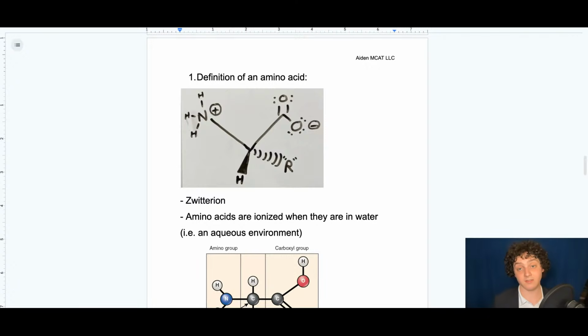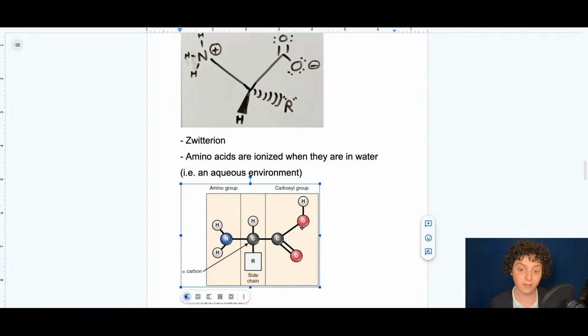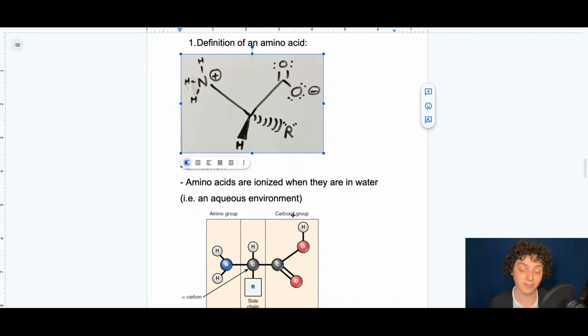Such a water-based environment is found in the human body. So of these two pictures, which one will you see if you're in the human body? You're going to see this one. This doesn't really exist.